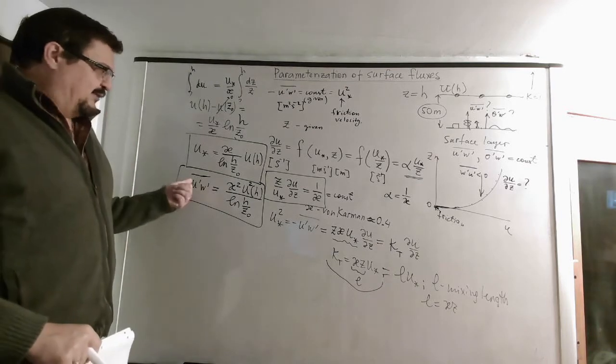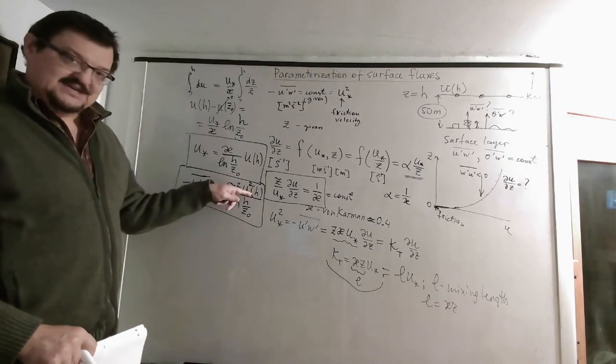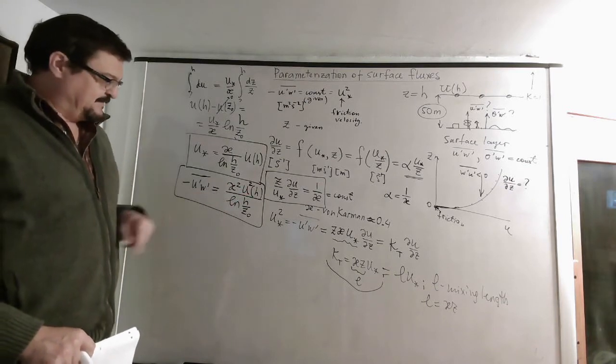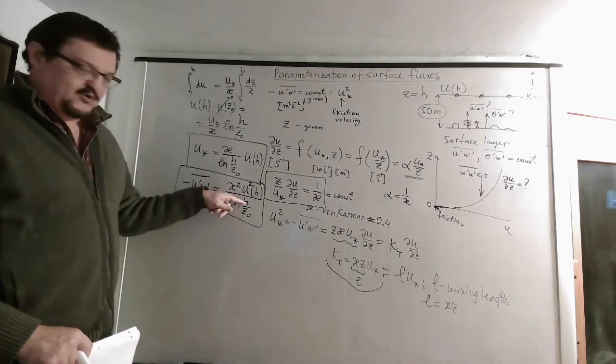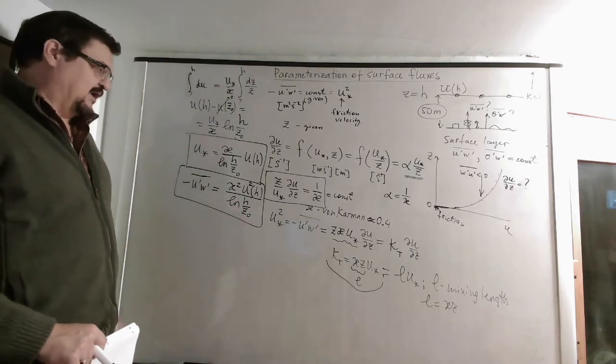So you see, we can now use this formula in our model, because we know u at h, our lowest grid level, and we know h, and we need to know z naught.